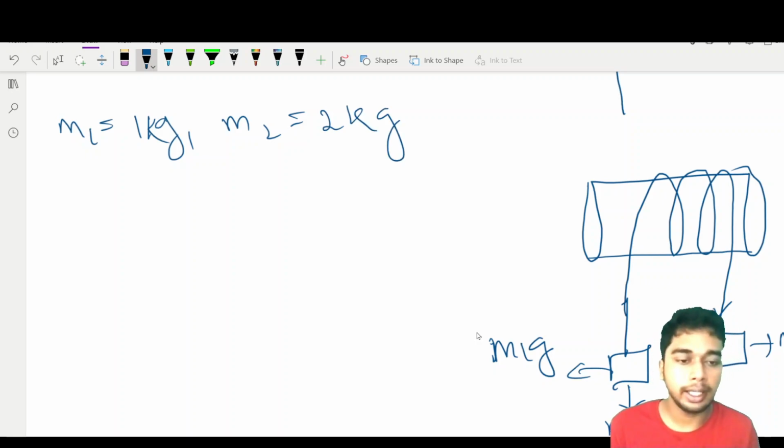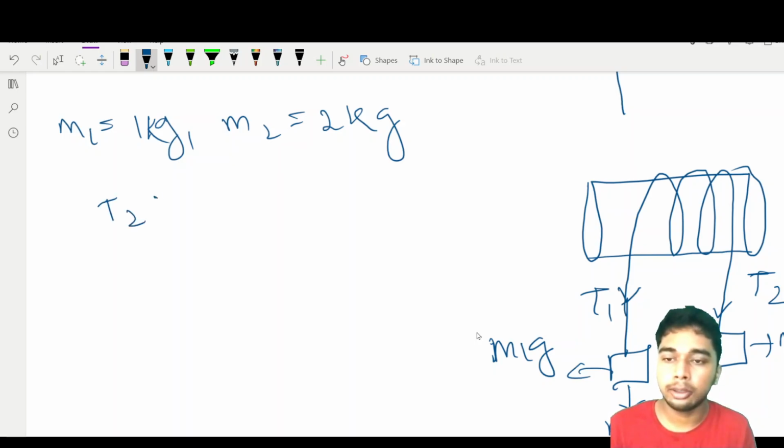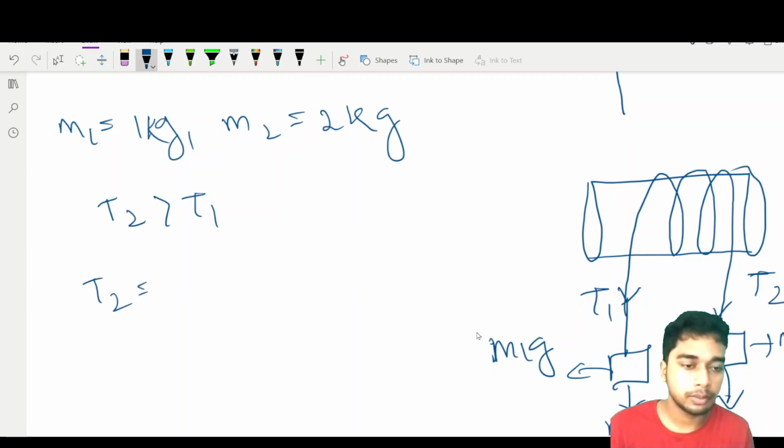So definitely I can see, if I consider this is T1 and this is T2, from here I directly can write that T2 is greater than T1, because in this direction this will be m2g, this will be m1g.